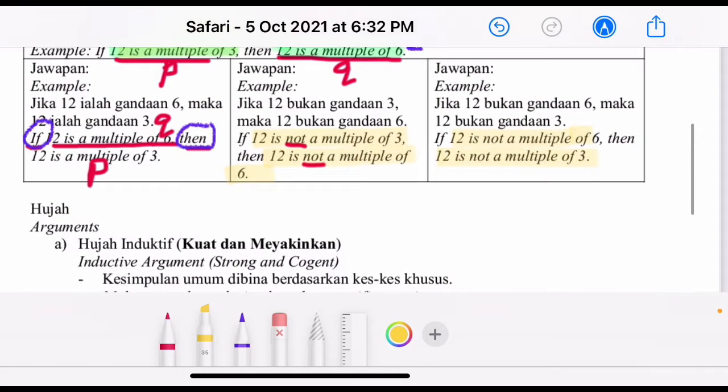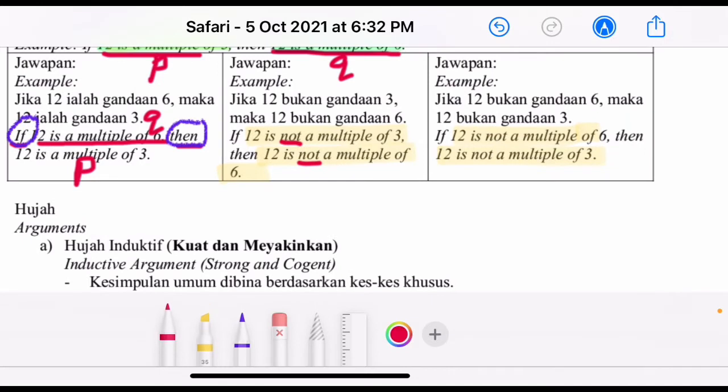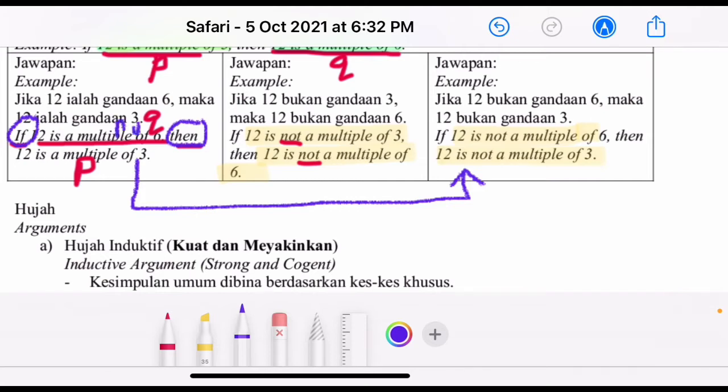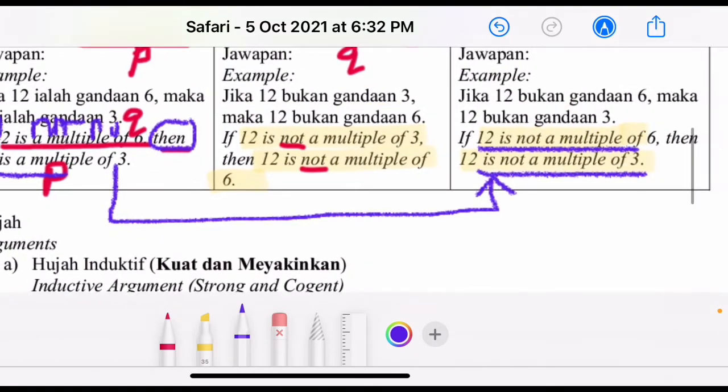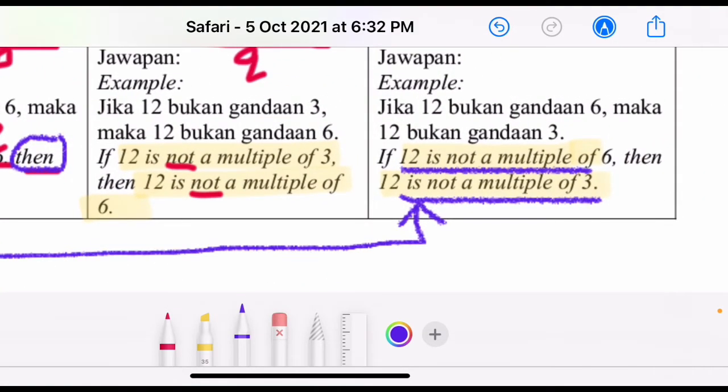In fact, we are referring to the converse and we just add a not to negate. Here 12 is not a multiple of 6, and here 12 is not a multiple of 3. So we negate the converse. This is called contrapositive.